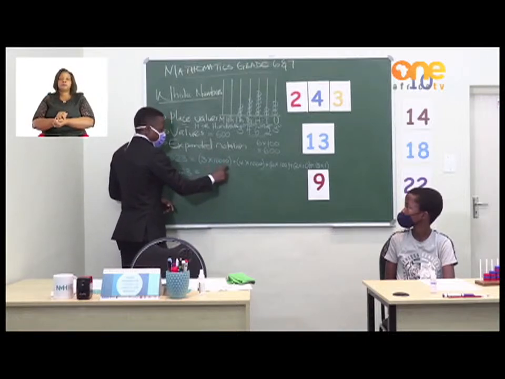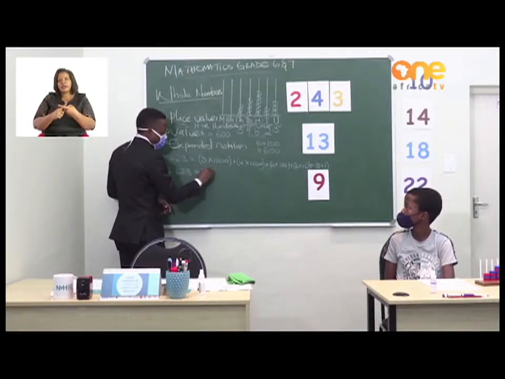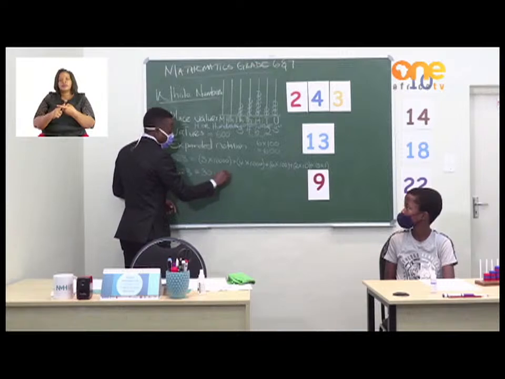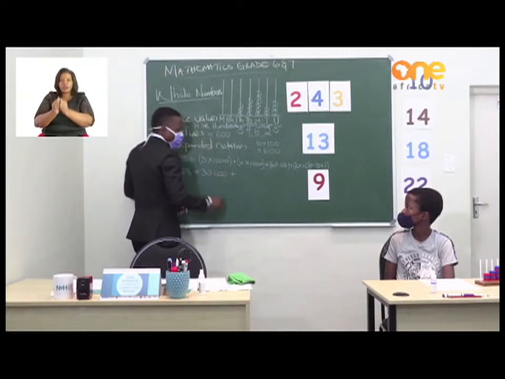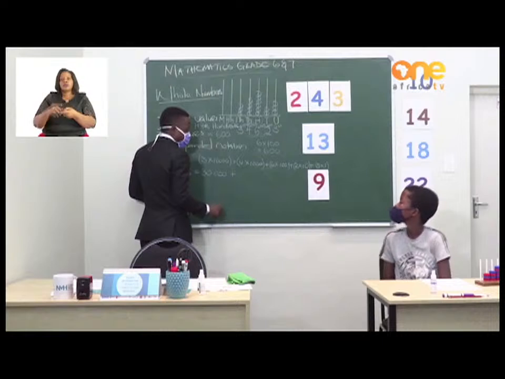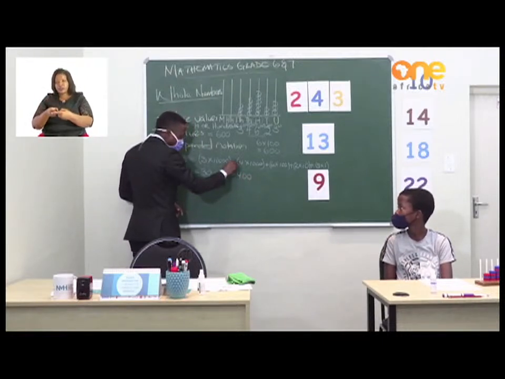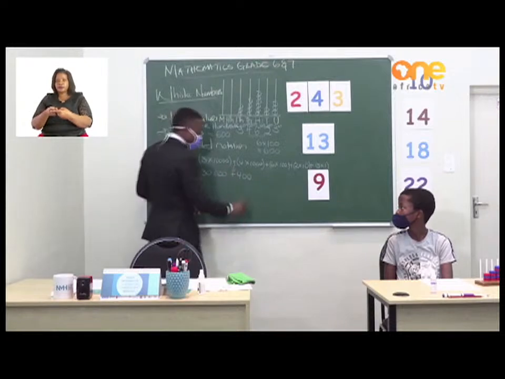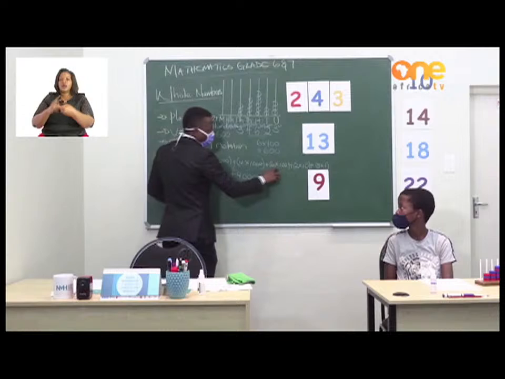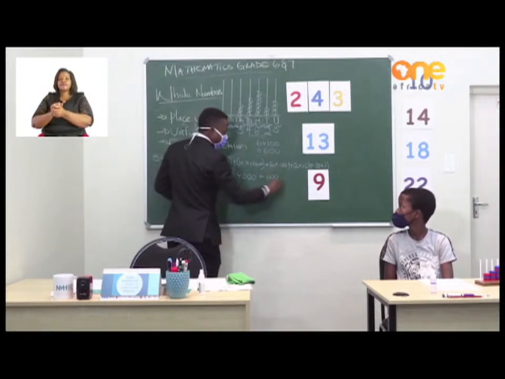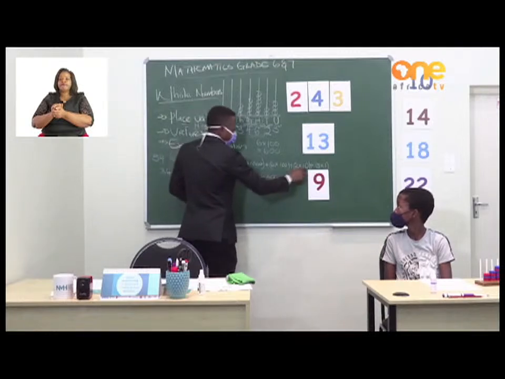If you multiply these, you get 30,000. If you multiply 4 times 1,000, you get 4,000. And this addition is coming there. If you multiply 6 times 100, it will be 600. 2 times 10 will be 20.